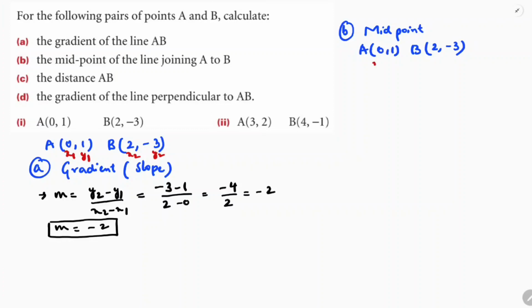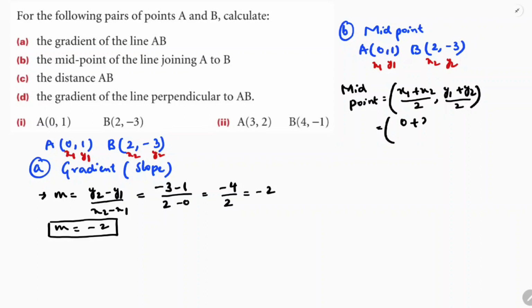If you consider x1 y1, x2 y2, the midpoint formula is (x1 plus x2) by 2, (y1 plus y2) by 2. So here x1 is 0, x2 is 2, by 2, that is 1; y1 is 1, y2 is minus 3, by 2. So it is 2 by 2, minus 2 by 2, which is 1, minus 1. So midpoint is (1, -1).